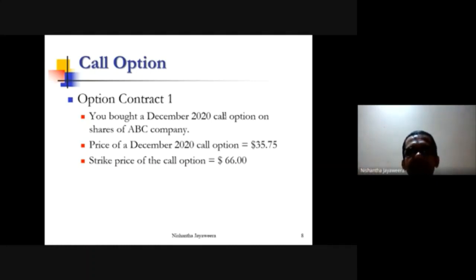What is the underlying asset here in this example? Shares of ABC company. That's the underlying asset. Then the next bullet point says the price of a December 2020 call option is 35.75. What does it mean? That is the price of the option. That means this is the premium.